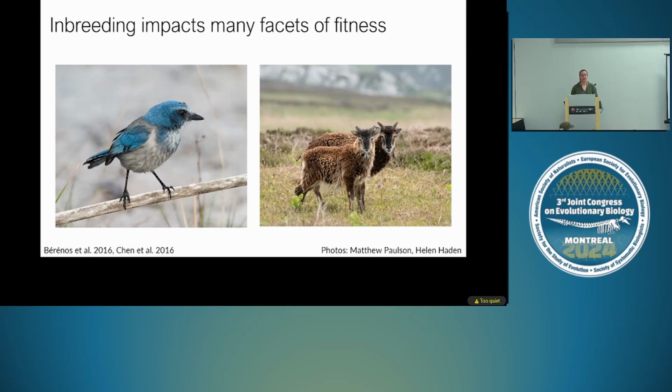This has been done very successfully in a lot of really well-monitored populations like Florida scrub jays and Soay sheep, where these studies have shown that inbreeding impacts a really wide array of fitness traits, from things like breeding success to juvenile survival and annual survival.